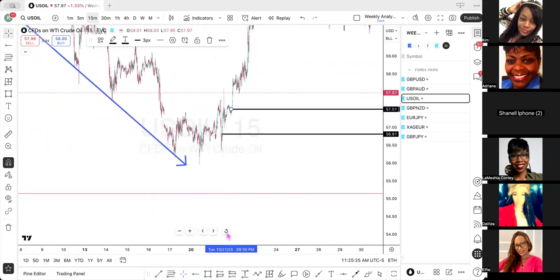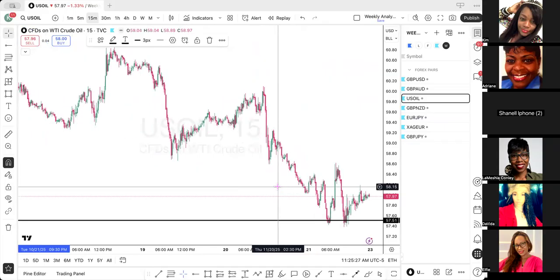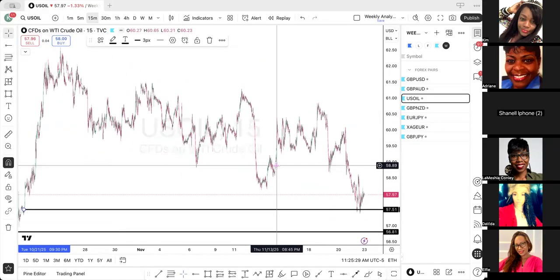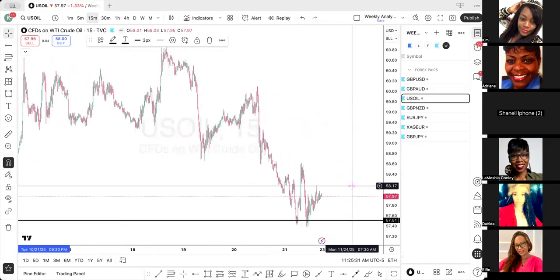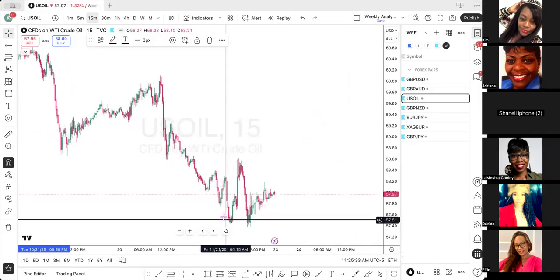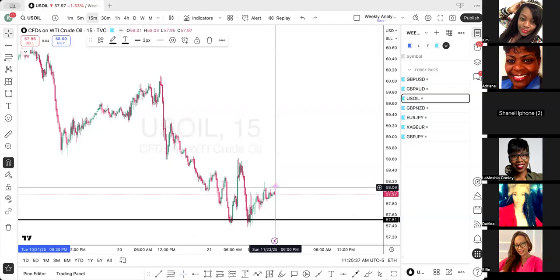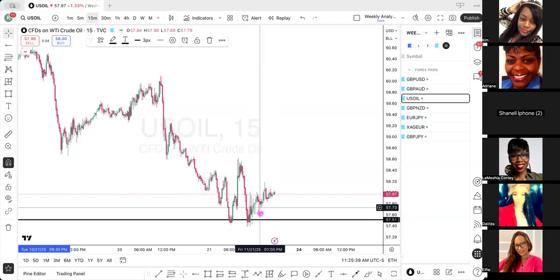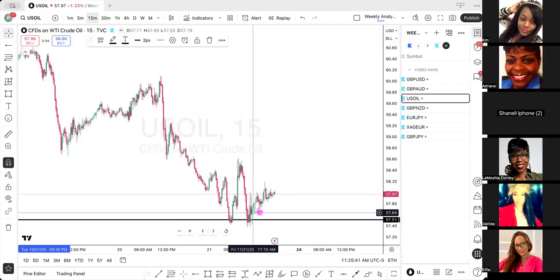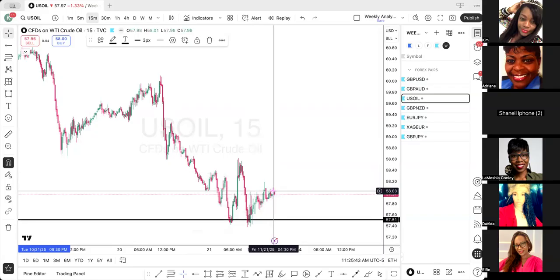So I would be looking for price to sell back down to, oh, it already has sold back down to here. Not only did it sell back down to here, it then shifted structure, pulled back to this zone. But there was no impulsive move as of right now to the top. So I'm thinking this is going to sell some more.